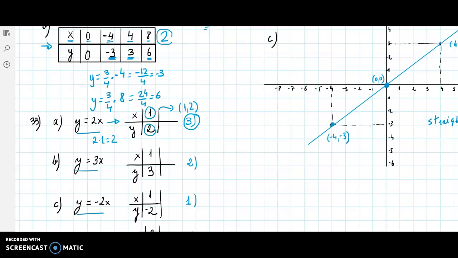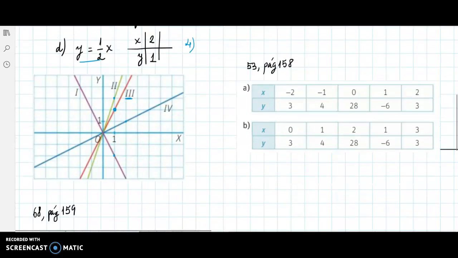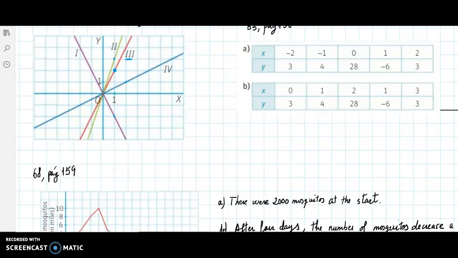In the second one, y equals 3x, you give a number to the x, any number. But remember that you should give small numbers, because if you give the number 20, the number 20 is not here.